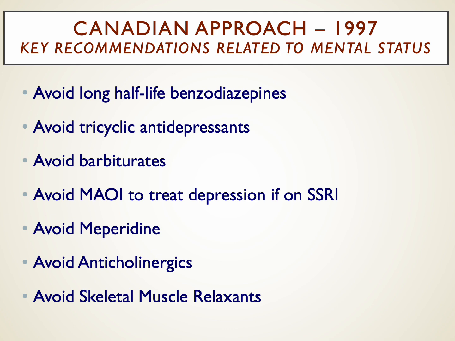So a lot of those are repeated in the current recommendations. At that time, though, we still thought shorter half-life benzos were safe. The newer guidelines say that even those lead to confusion, delirium, and falls risk, and so we avoid them whenever we can.